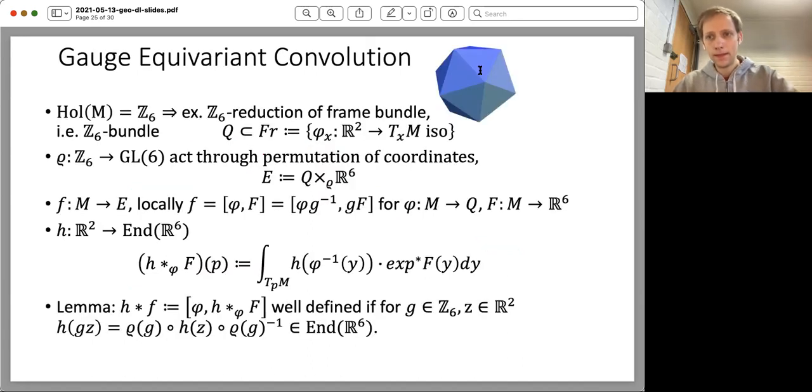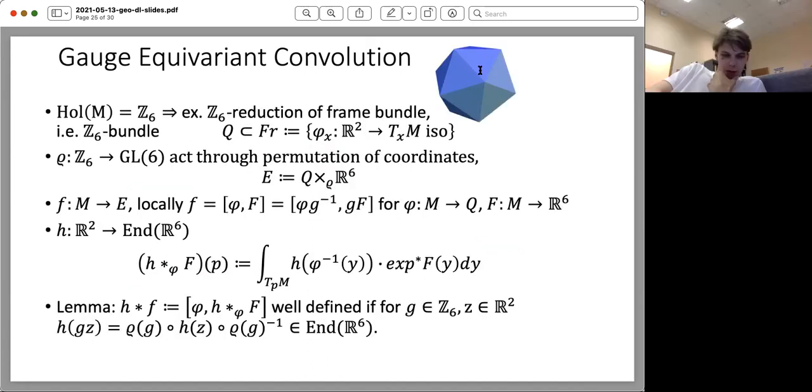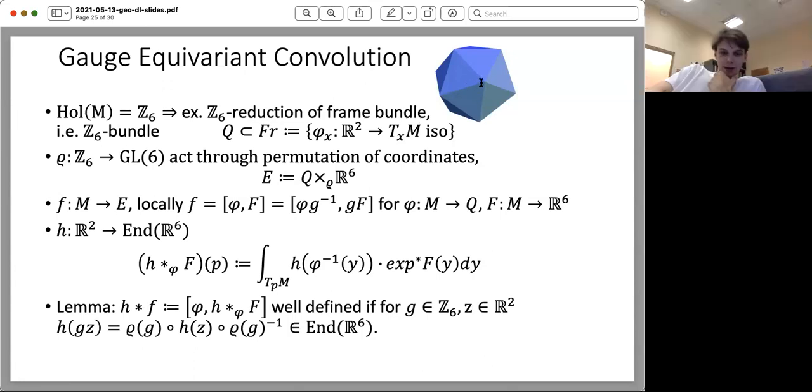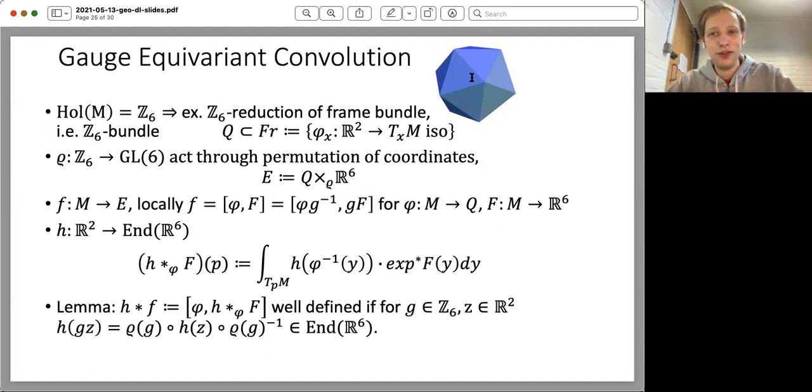How do you compute this h convolved with big F at, say, a vertex of your polyhedra? Let's not do that. If you were a mathematician, you would just compute in all the facets and then say it must be some continuous function, and so by continuity you get it on the edges.